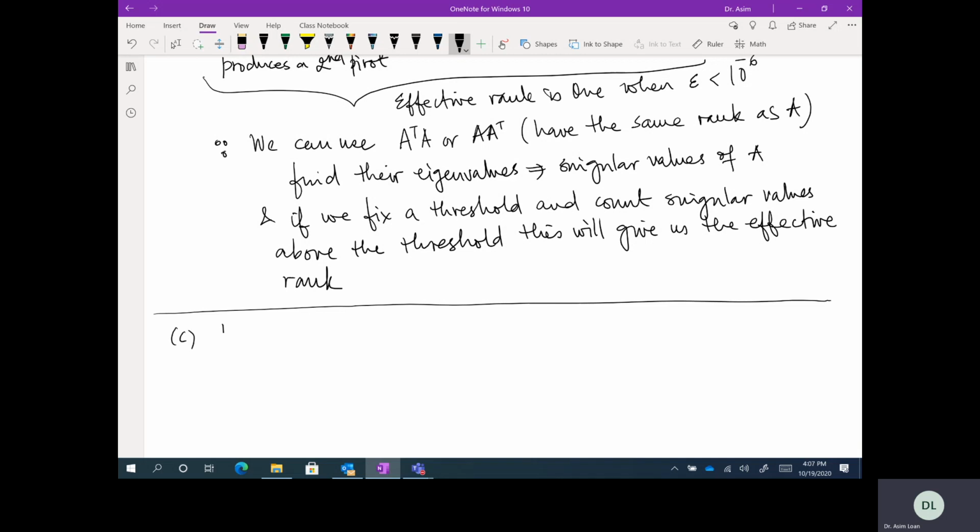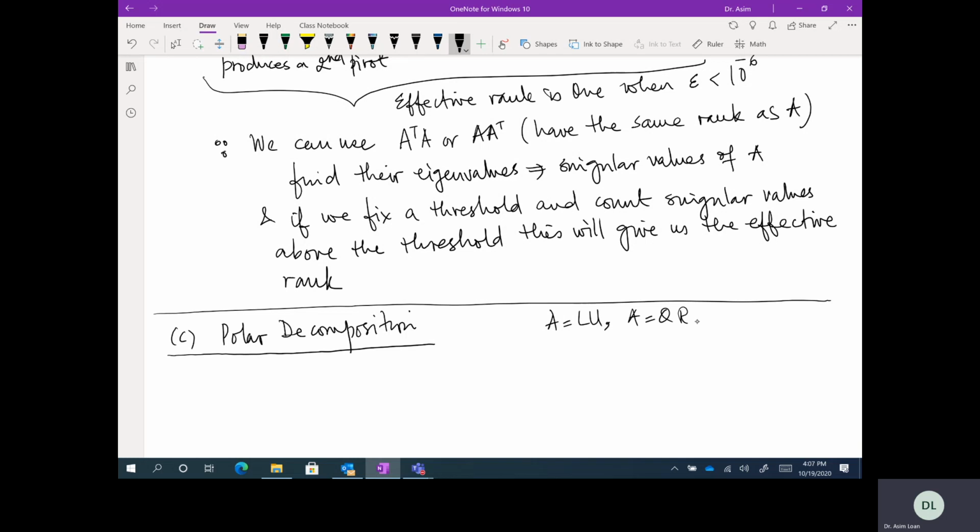The third one is the polar decomposition. We already know we can write a matrix as A equals LU. We can write a matrix as A equals QR.